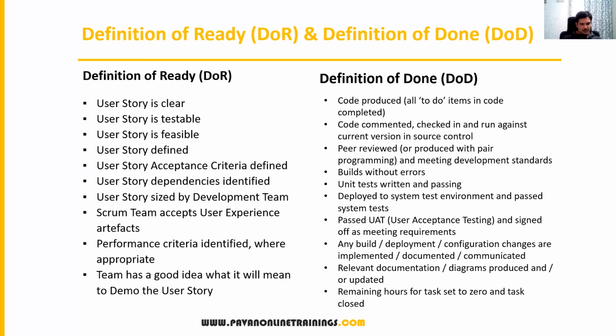There are no bugs in the story, it is ready for demo, and the demo is also completed. Then we can say the story is complete. All the development and testing activities should be completed. Then only we can say the story is done.